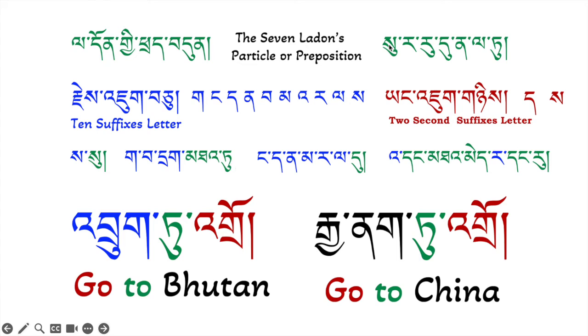Tashabyu tu. Why can I use it? Because of the rule: ka, pa, takta. Takta is the second suffix ta. After those, I can use the preposition tashabyu tu. Kyanak tu do, go to China.